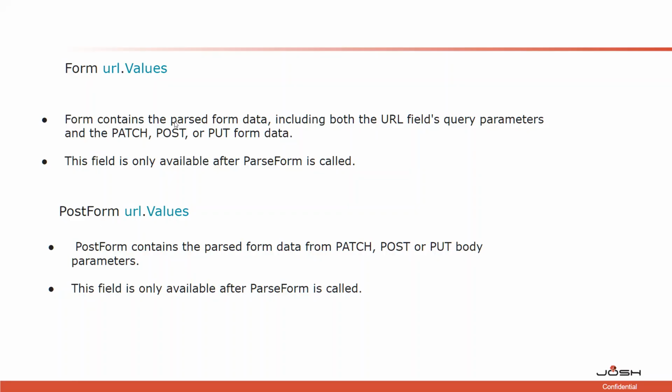Form contains the values in the URL field's query parameters, and PostForm contains the data only if the HTTP method is PATCH, POST, or PUT, and it is in the request body, not in the query parameters. So Form contains all of the things which PostForm contains, as well as the fields in query parameters.